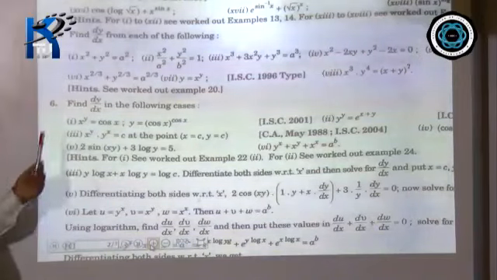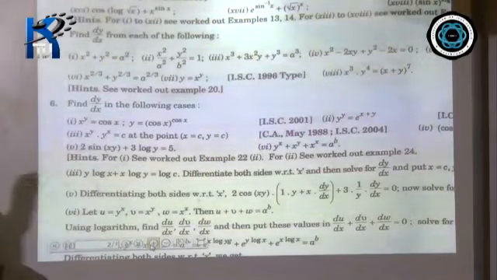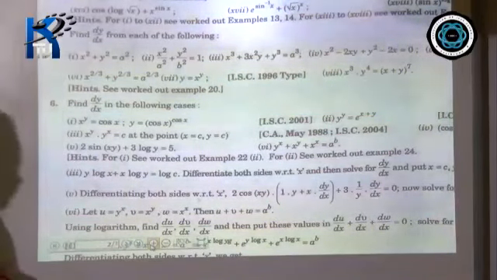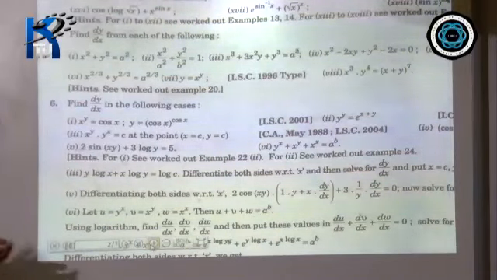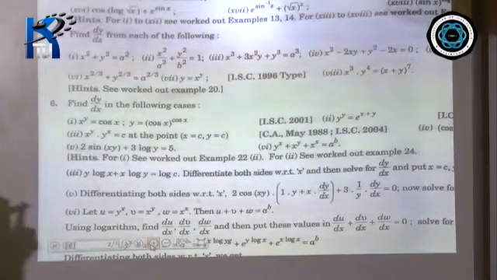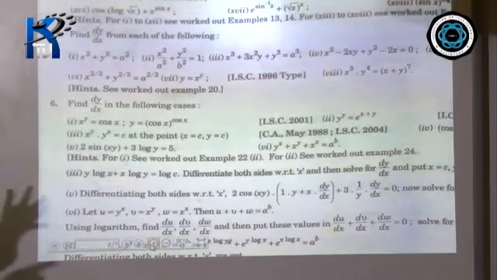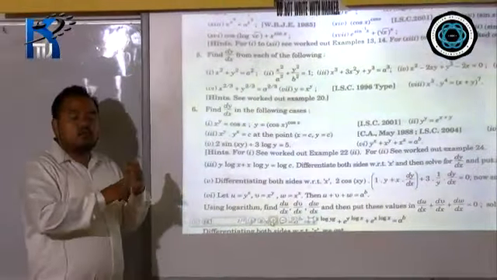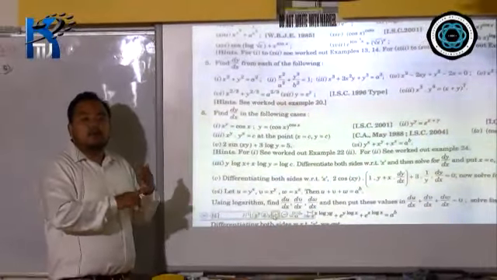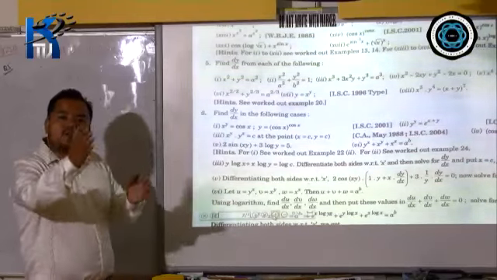Before I start solving question number 5, let me make one thing clear. Whenever we are differentiating, the only thing you need to keep in mind is, I am emphasizing again, you have to use properties. When I say property, what do I mean? Whenever there is a constant in a function, the constant comes in front.